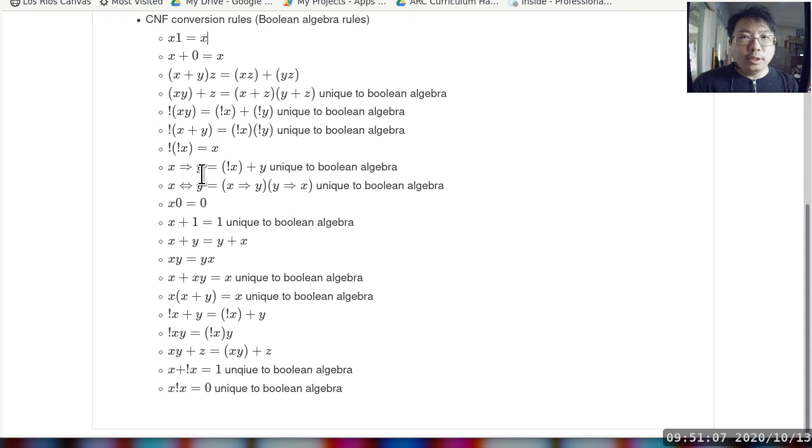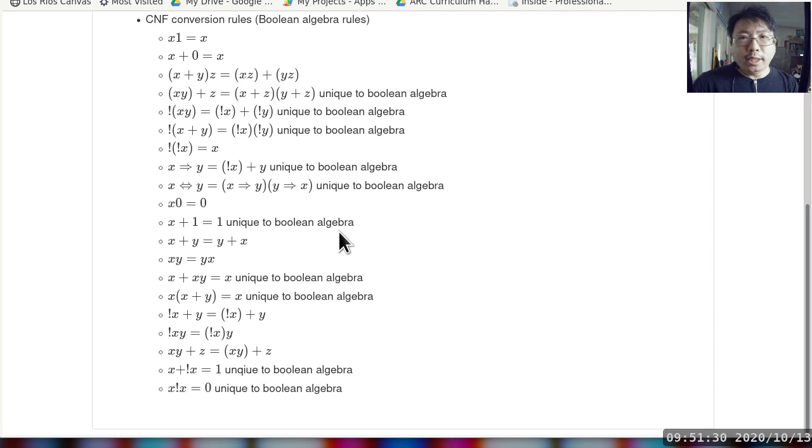So it is really helpful to be able to notice something like this. And something like this can be done after you apply distribution. Because after you apply distribution, you might find that you have a term and the negation of that term in the same disjunction, or that term and also that term in the disjunction.